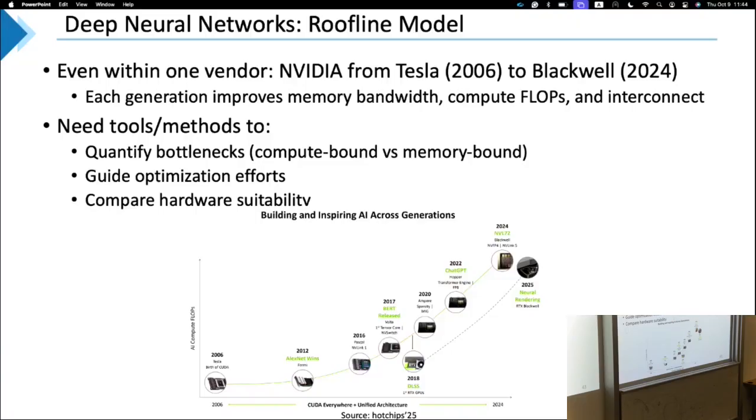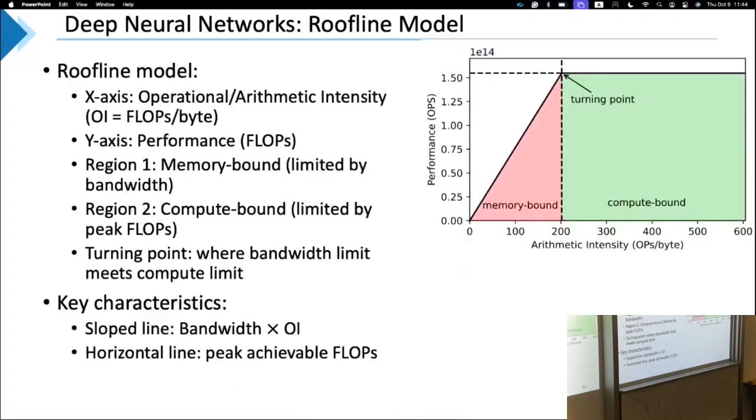But here, let us first introduce this analytical roofline model. You can say this is a very early stage analysis to help you analyze your performance. So basically, what you do is draw this roofline model. You first define the x-axis and y-axis.